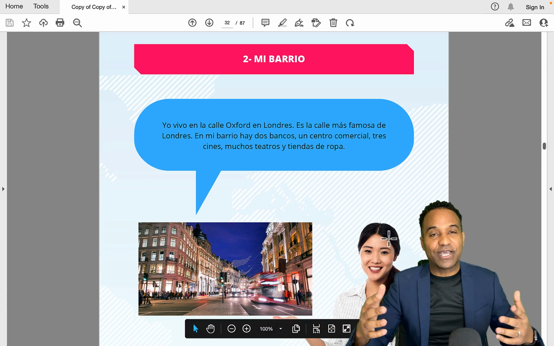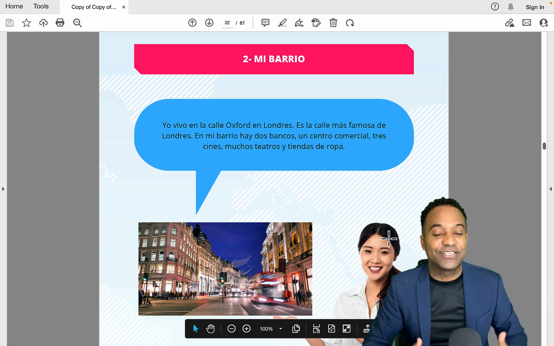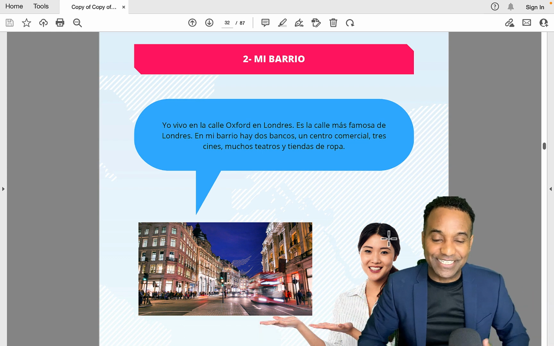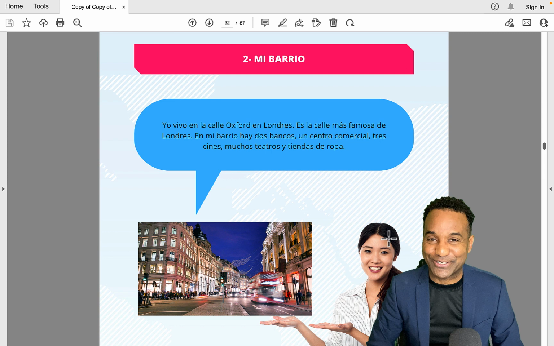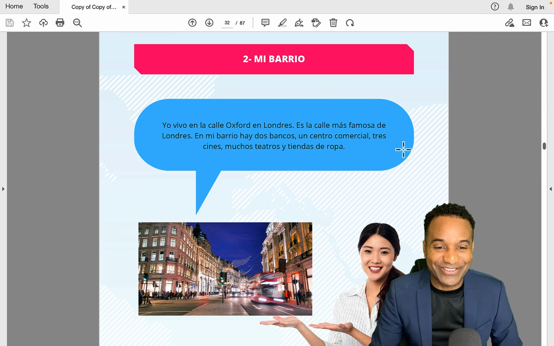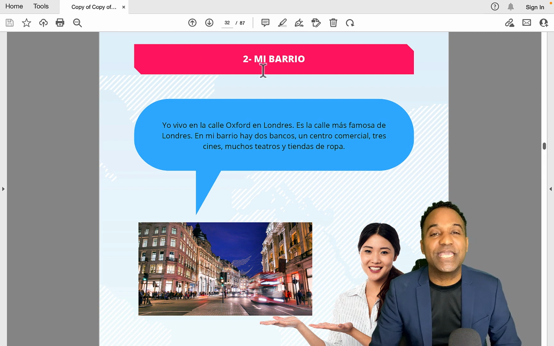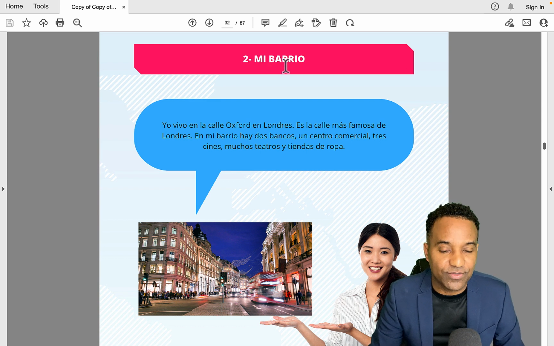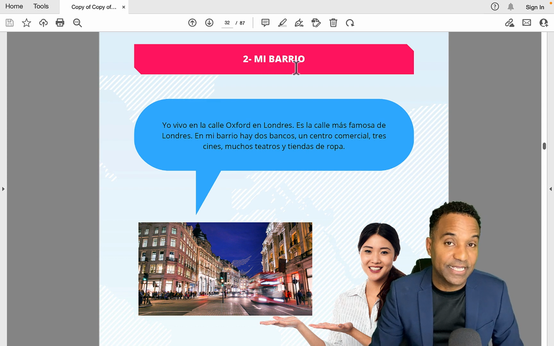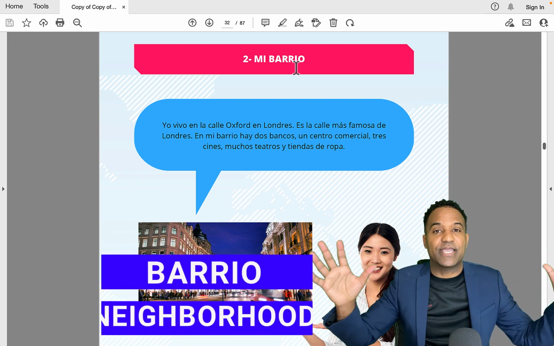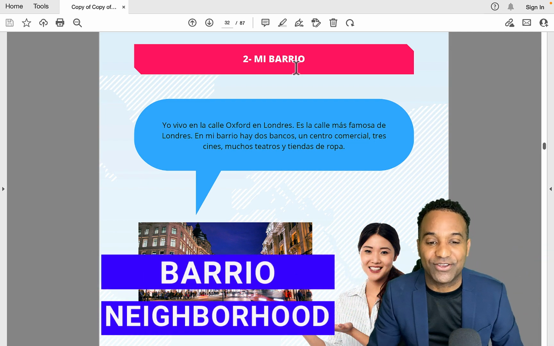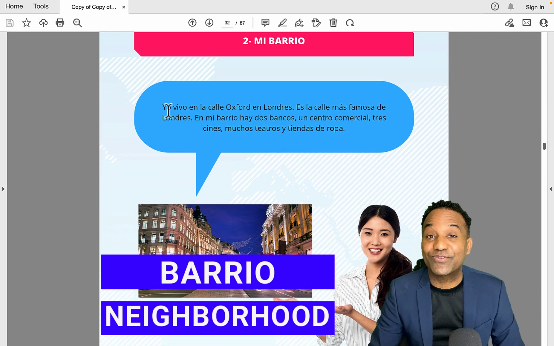She's going to describe her area for us so we can practice a reading about her description. Okay, so the title is Mi Barrio. What does barrio mean? Neighborhood, area. Okay, barrio. Let's read her description.